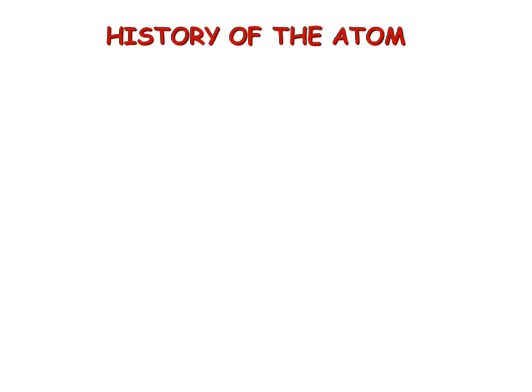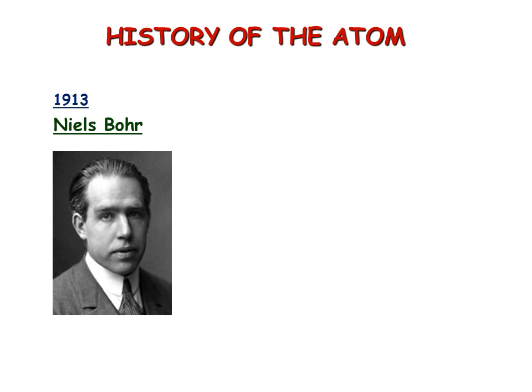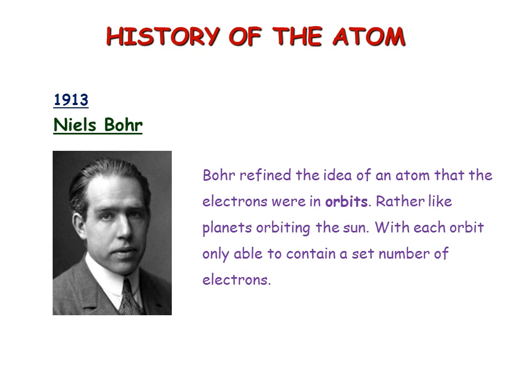Children, here is the history of the atom. In the year 1913, Niels Bohr, the famous physicist, refined the theory of the structure of the atom, right? According to him, the electrons were revolving in their own orbits around the nucleus. Like you know how the solar system works, how all the planets are orbiting the sun, like that.